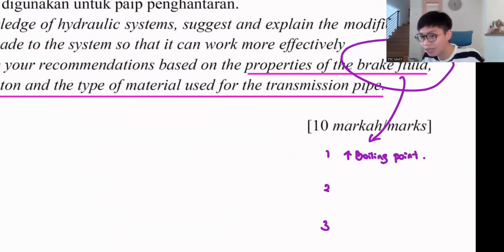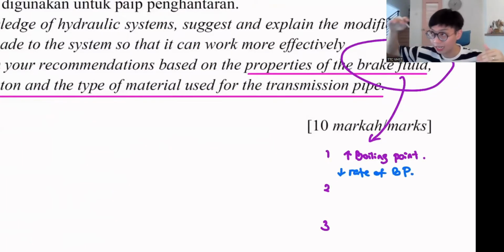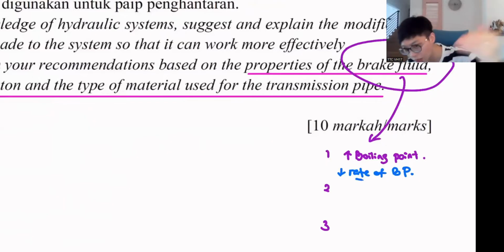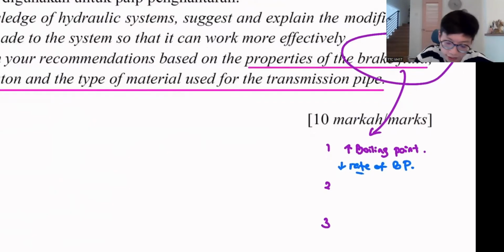Remember, recently there's this trend, where they would like you to say lower rate of boiling point. High boiling point means that it can be heated to a high temperature. Low rate means how fast it reaches the boiling point. So we want lower rate of boiling point. So this light blue color is the current issue. Besides that, there's more.